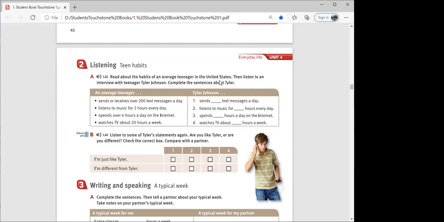So I send and receive about 100 text messages a day. That's not bad. And what about music? Do you listen to a lot of music? The average teenager listens to music for 2 hours a day. I don't know. Actually, I only listen when I'm on the bus or train. And that's about 2 hours every day. So I think I listen to music about 2 hours a day. I guess I'm pretty average when it comes to music.